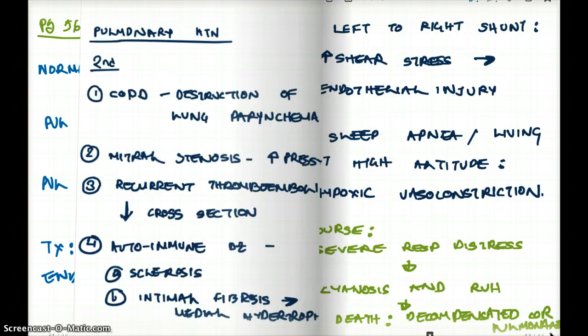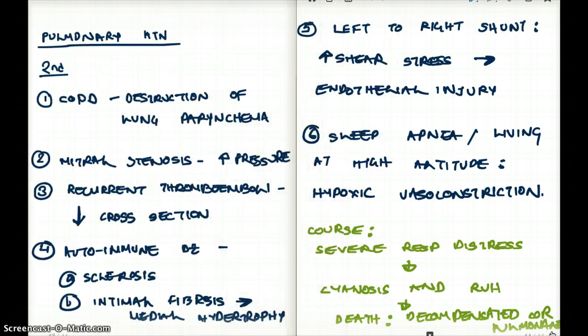Now let's move on to secondary pulmonary hypertension. What are some of the causes? Number one would be COPD. What COPD does is destroy the lung parenchyma. As a result, if the lung parenchyma is damaged, there will be pooling of blood in the pulmonary artery, causing pulmonary hypertension.